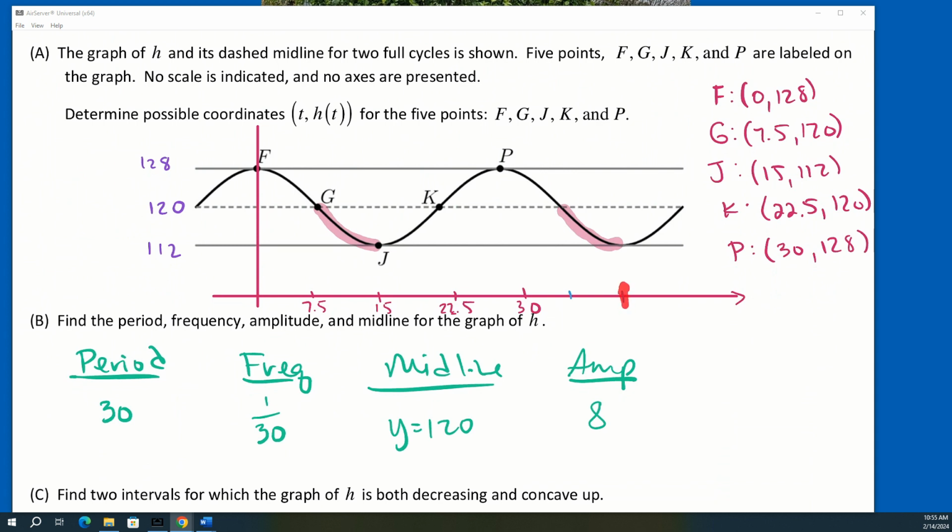So what do you think this point should be? Or either one of them. Do y'all know? Yeah. This one's going to be 45. And then this one's going to be halfway between, which is 37.5.